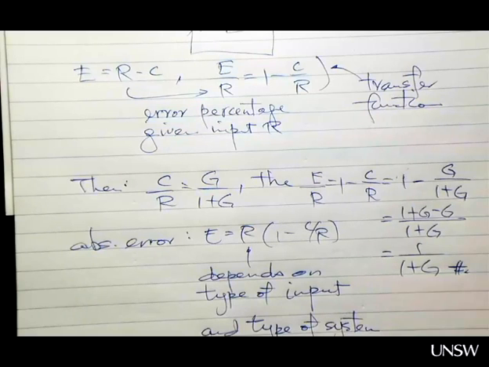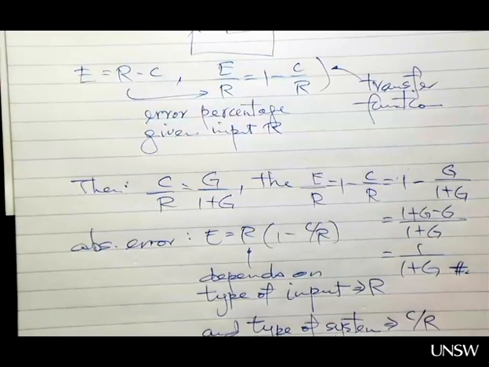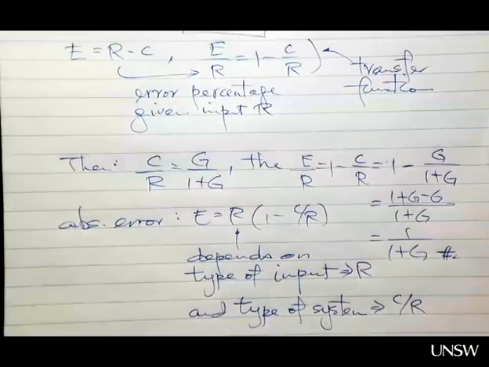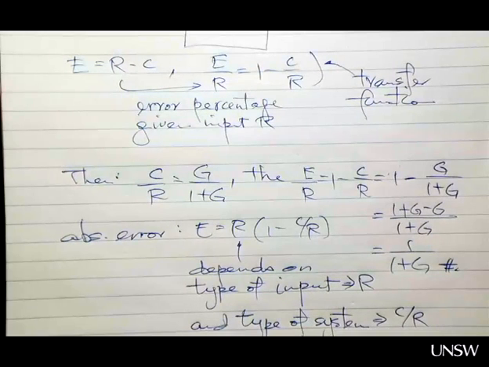The type of input is due to R, and then the type of system is due to the transfer function G of S. Okay, agree? The error depends on the input and also depends on the system.